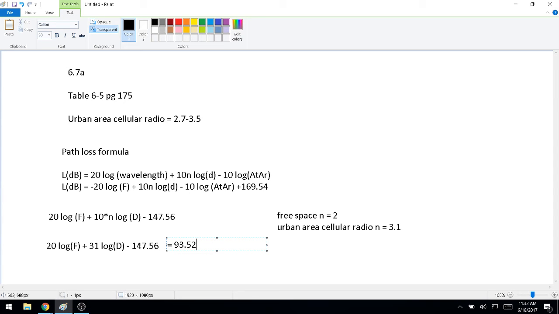And then we need to find the received power in dBm. And that's basically the problem. But the core part is why we have to use this different number here in this formula.